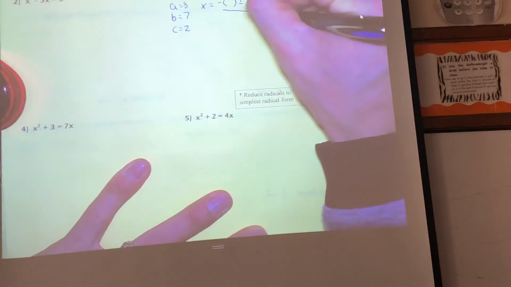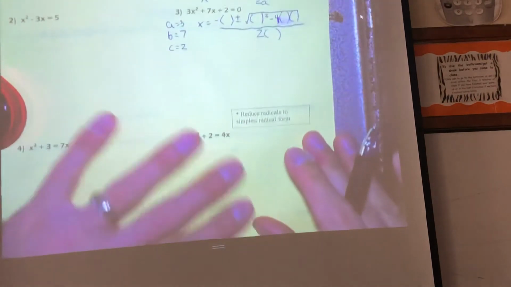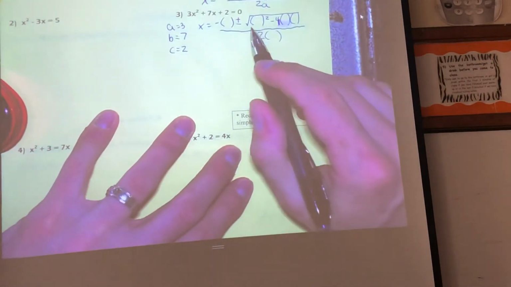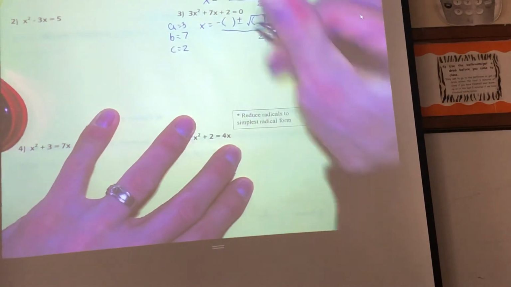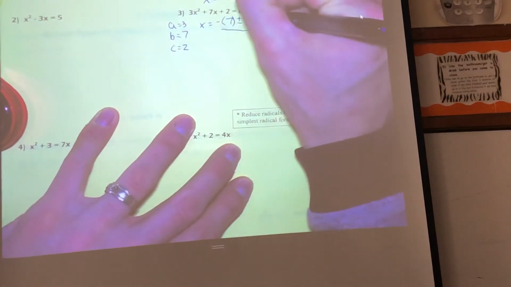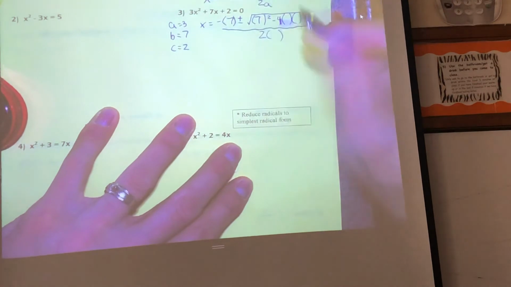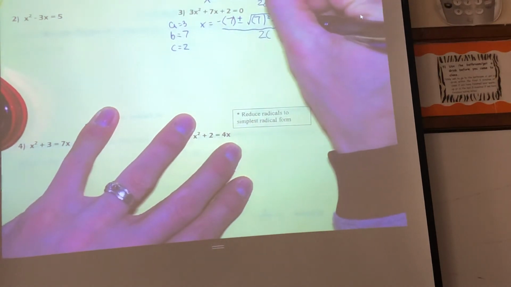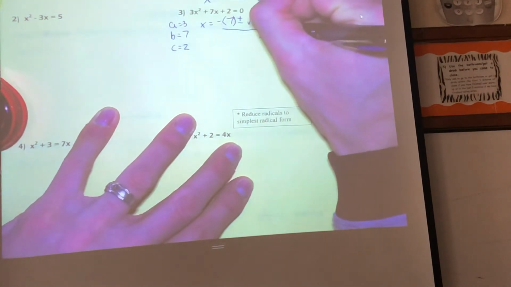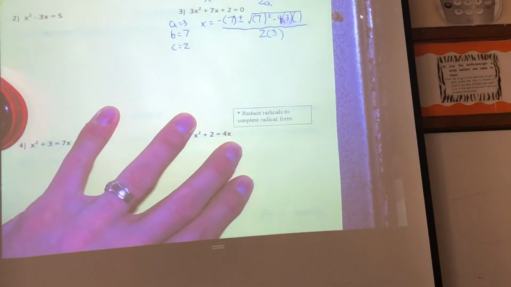All over 2a. So now I'm going to plug in. So my B value, which is 7, will go here and here. My A value, which is 3, goes here and here. And my C value, which is 2.